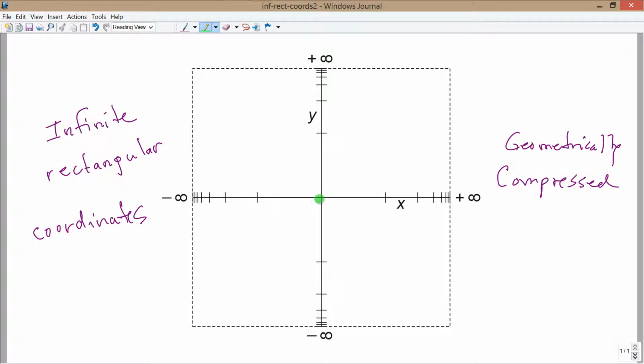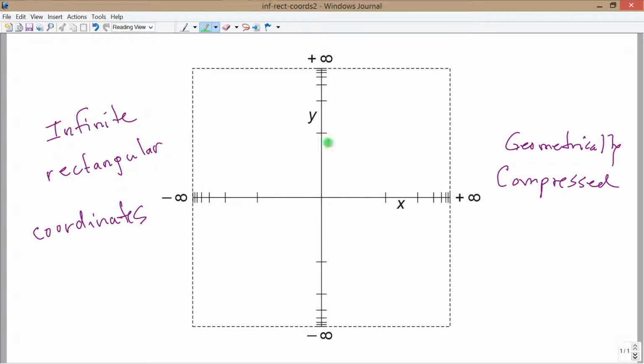But what you do is you take your axes. Here's your origin right there. The x equals 0, y equals 0 at the center, just like a conventional system. Then 1 is halfway between 0 and infinity, geometrically halfway. 2 is halfway between 1 and infinity. 3 is halfway between 2 and infinity, and so on for the positive x-axis.